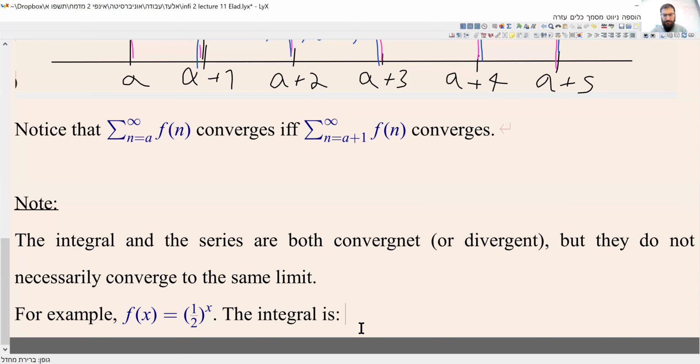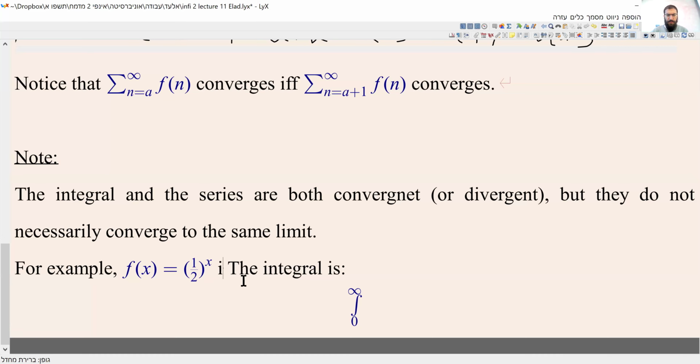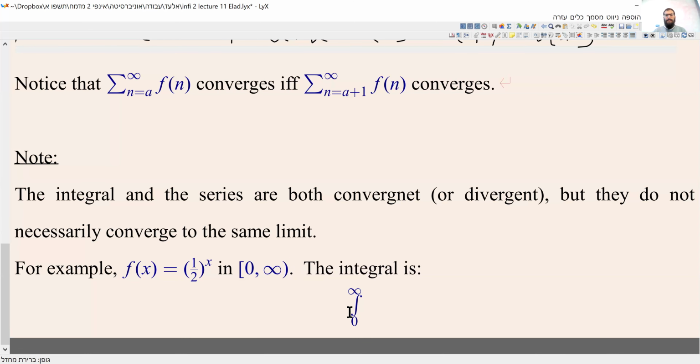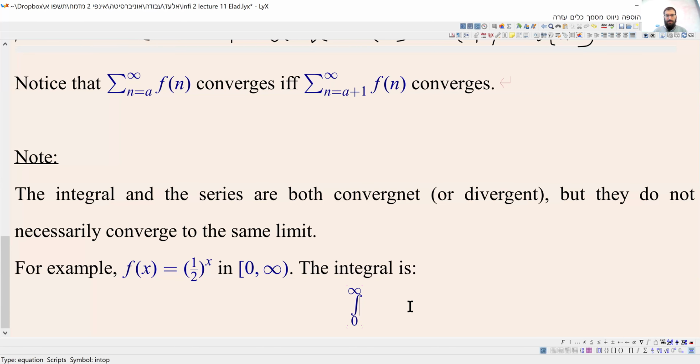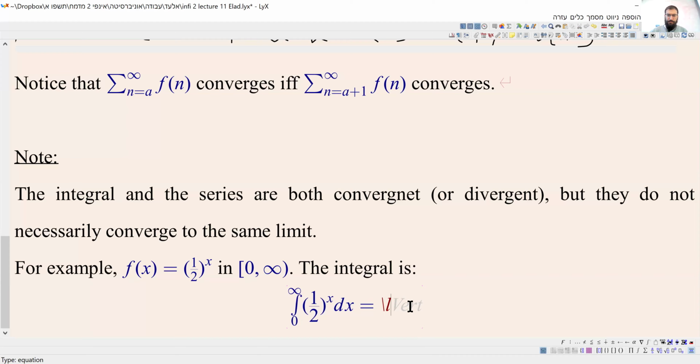The integral, let's look at it from 0 to infinity, for example. Let's write down explicitly in the segment between 0 and infinity. The integral is the integral of half to the power of x, which is the limit where b tends to infinity of the integral from 0 to b of half to the power of x dx.